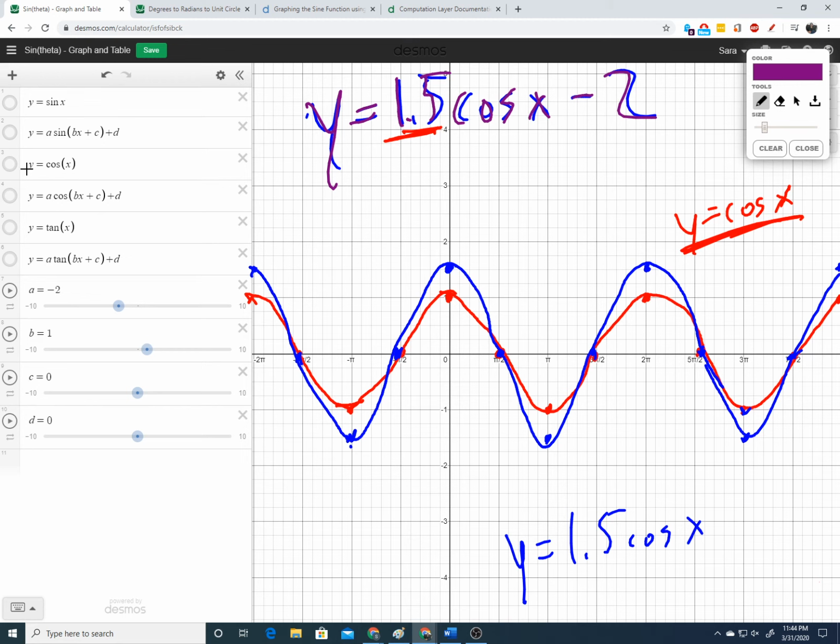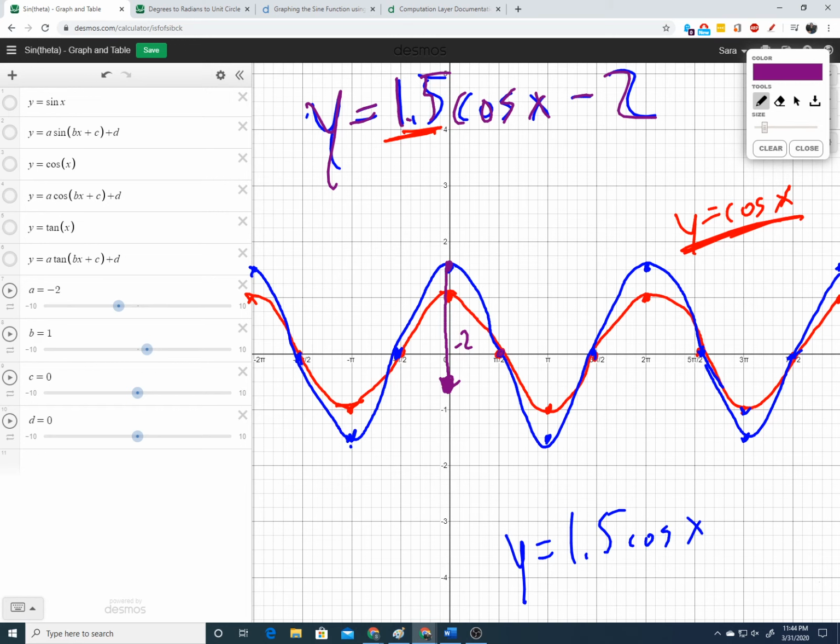So now that you have this new blue function, what we need to focus on is moving everything down 2. And so it means literally this point right here, that's 1.5, needs to move down 2 so that it's at negative 0.5.